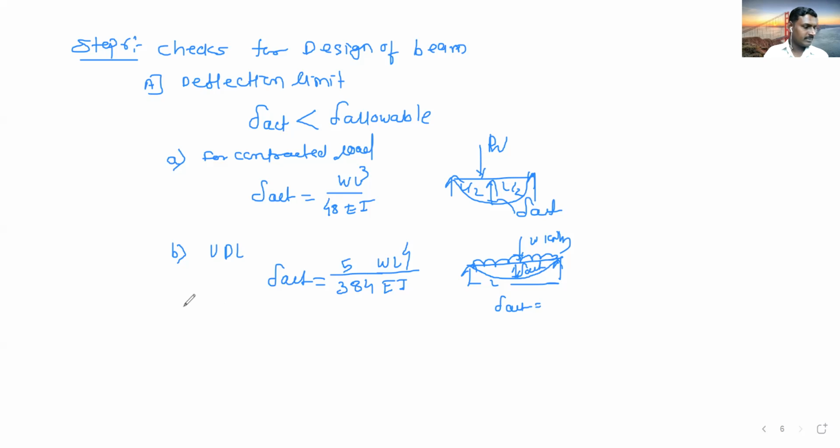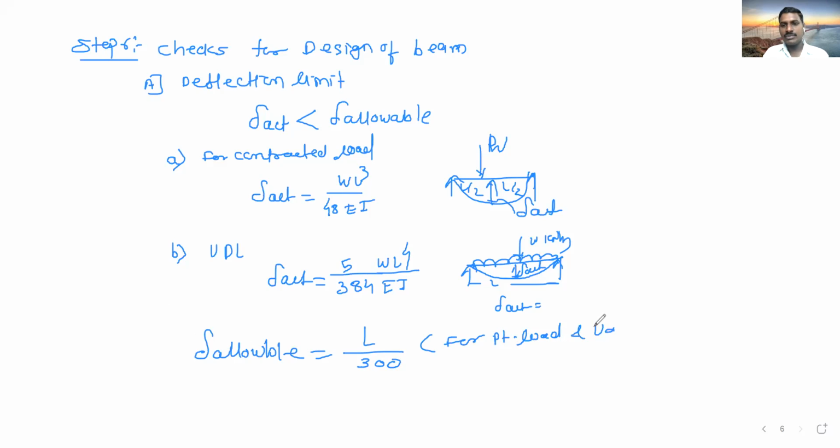And delta allowable is equal to L by 300. It is for point load and UDL also, whichever loading is there.